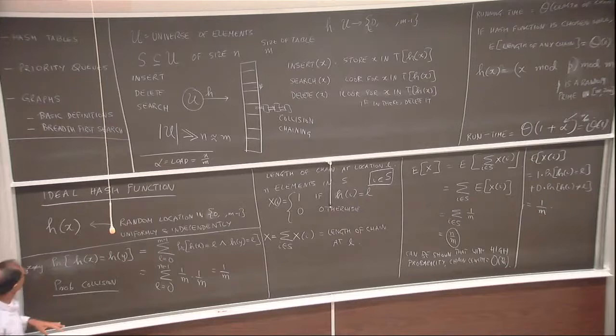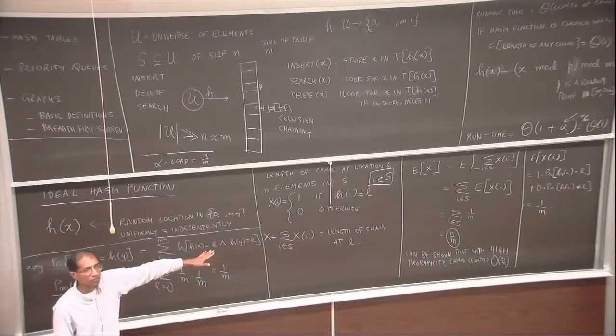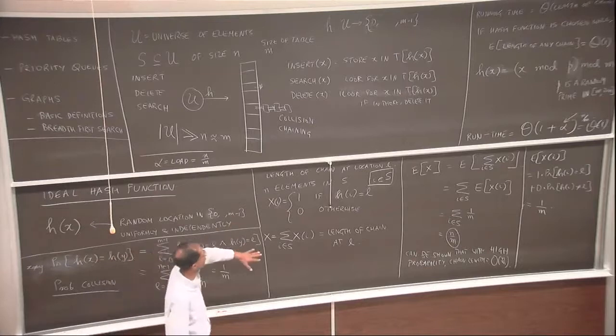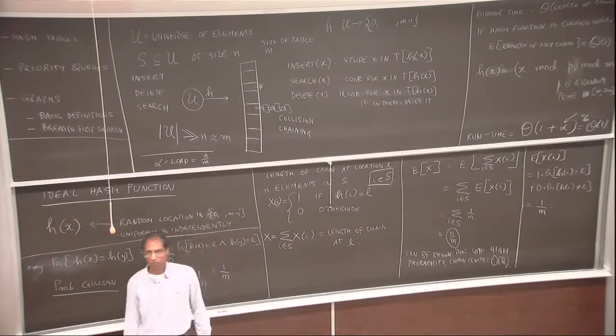Let's get back to our understanding of this random hash function. So let's suppose we had this random hash function that kept track of this random location for every x belonging to S. Apply that. What is the problem with this approach? It has a very good performance in terms of its collisions and length of chain and so on, but there is a problem with this approach.